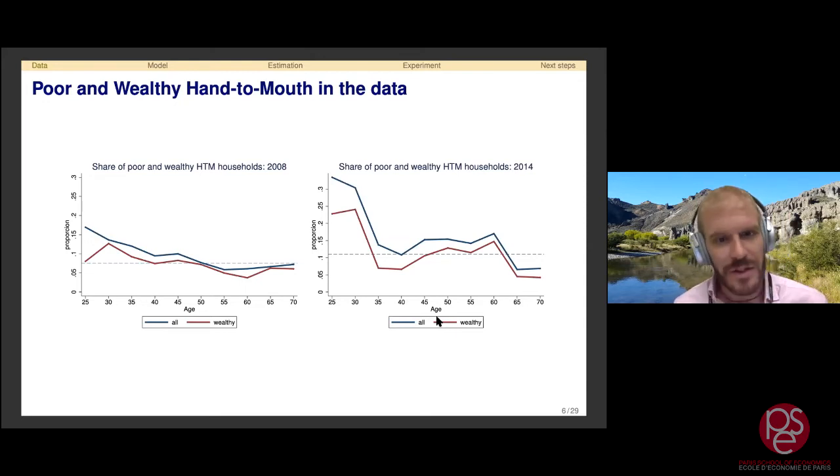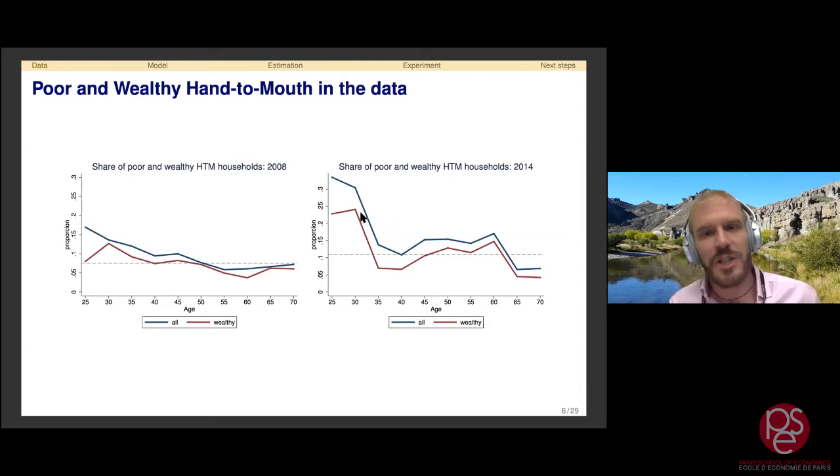Apart from the life cycle profile here, what I want to point out is that, as you've seen in the previous graph, the homeownership rate in Spain is very high relative to other countries. And this is also shown here. Most of the hand-to-mouth households, especially before the boom, in the left panel of this figure, were wealthy hand-to-mouth households, in the sense that most of them had some kind of illiquid assets, mostly housing equity, right?